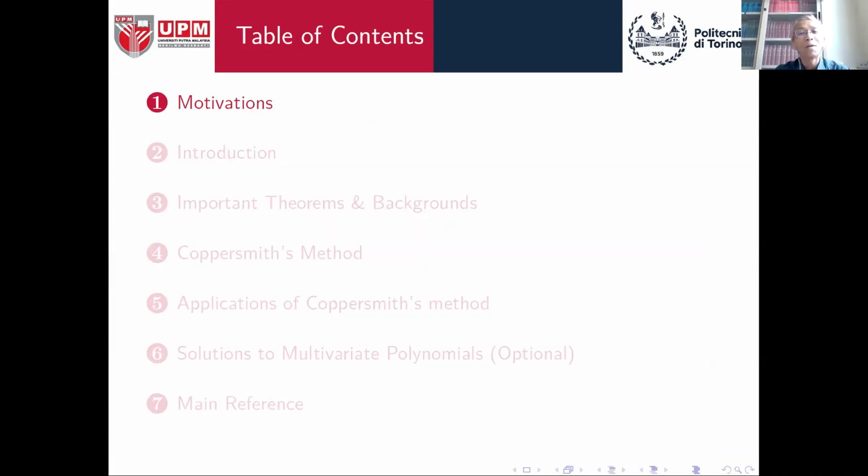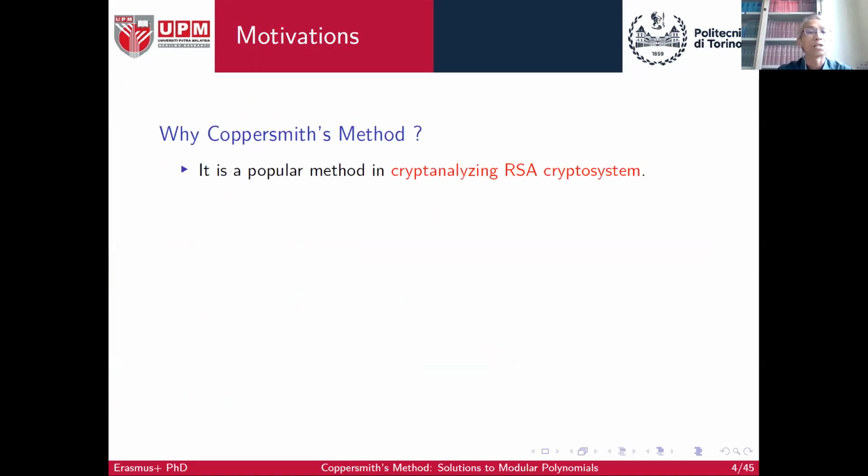What motivates me to study this topic is, first, the Coppersmith method is a very popular method in cryptanalyzing the RSA cryptosystem. From the RSA key equations to small public or private exponents up to partial key exposure and so on, all this can be analyzed using the Coppersmith method.